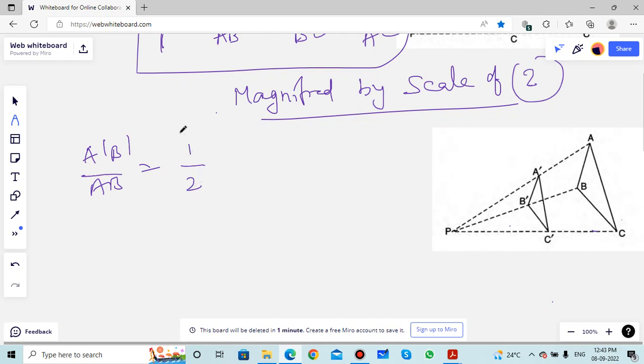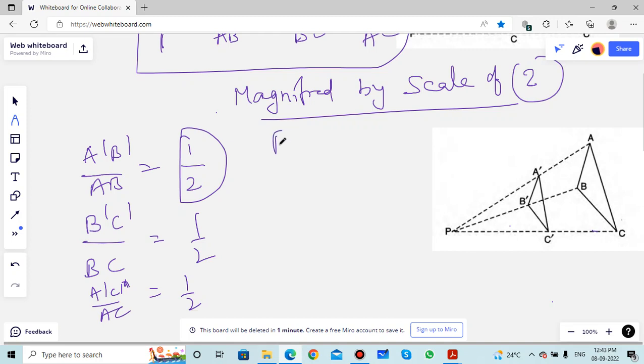So what is that factor coming as? 1 upon 2, right? Similar way, B dash C dash upon BC is also 1 upon 2, and the last one, A dash C dash upon AC, will also be 1 upon 2. So what is the scale factor? We can say it is not magnified, it is becoming smaller.